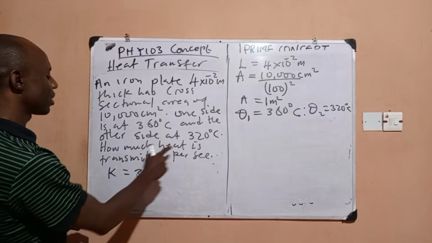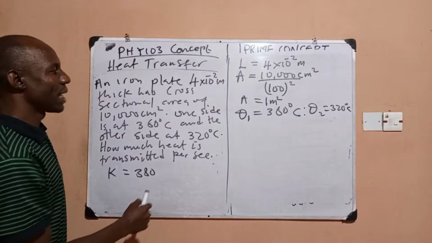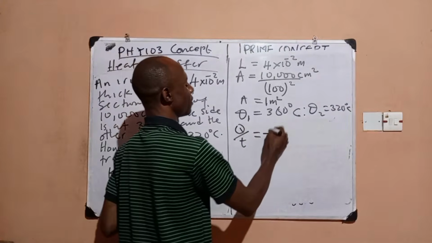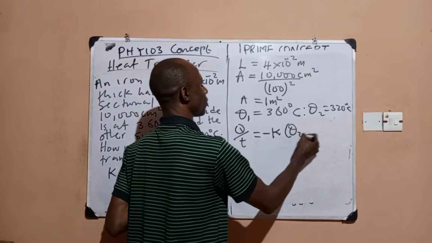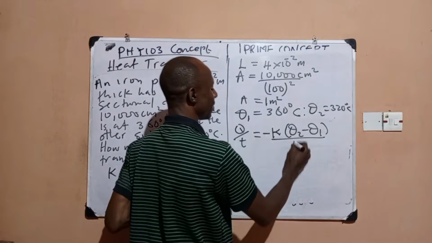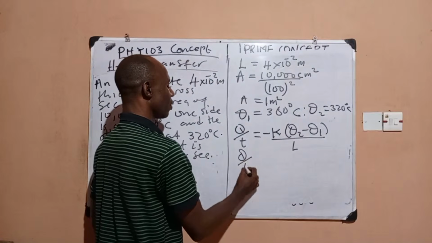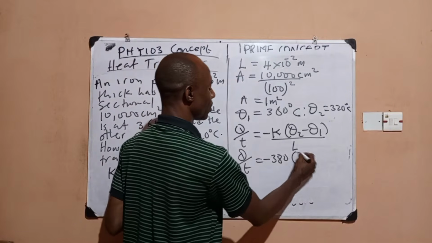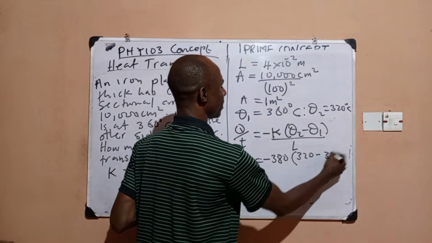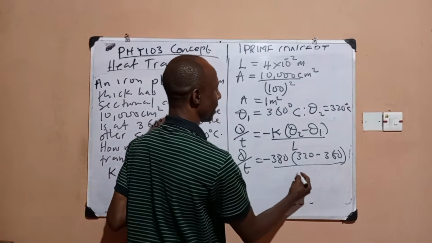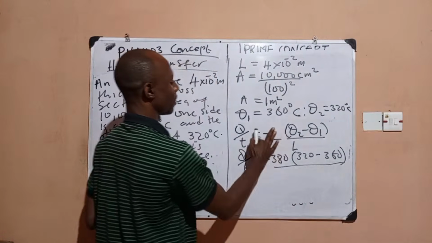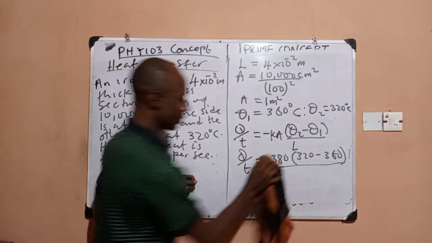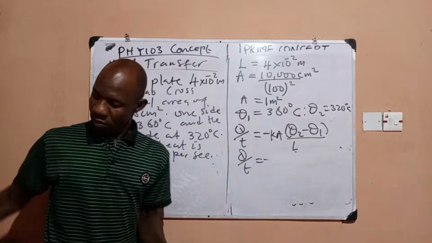So we have how much heat is transmitted per second. So the rate of heat transfer, which is Q over T, is given as minus K theta 2 minus theta 1 divided by L. Okay, forgot something. That's KA, there's area.